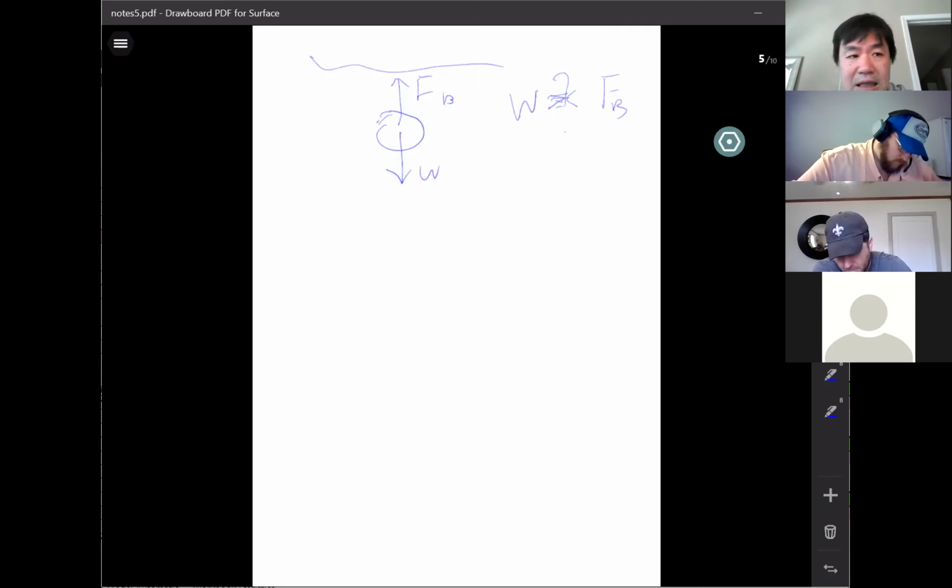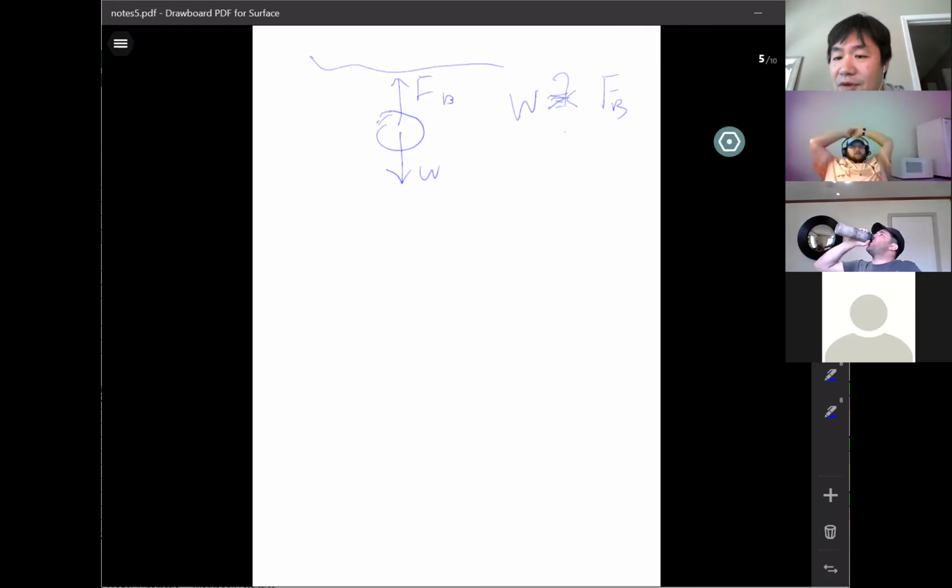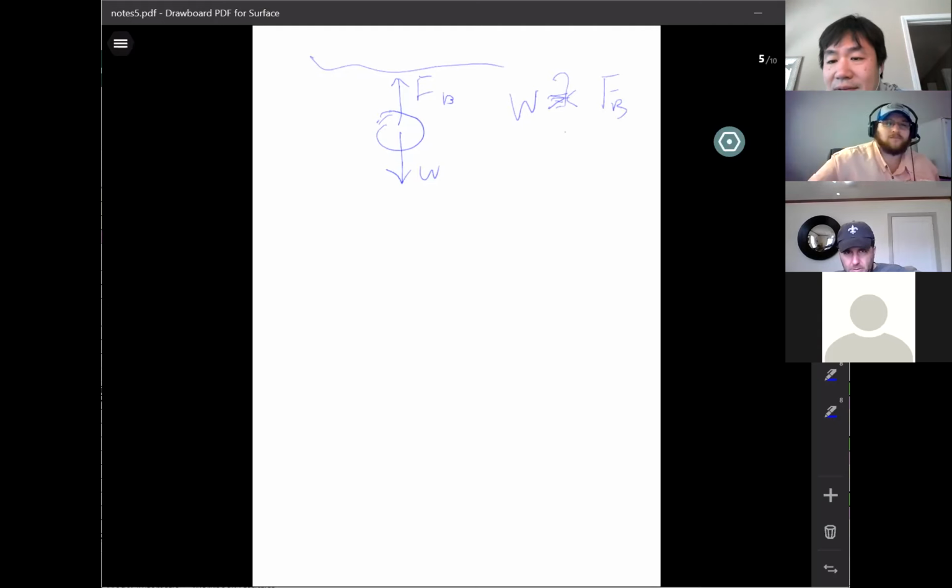So there will be three outcomes. If W is greater, it will sink. If FB is greater, it will float. What if they are equal? If they're equal, they just stay there, stay submerged. The force is balanced.